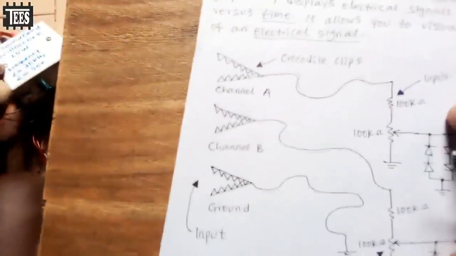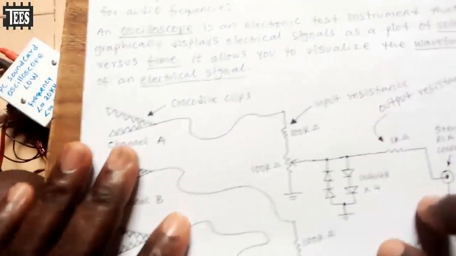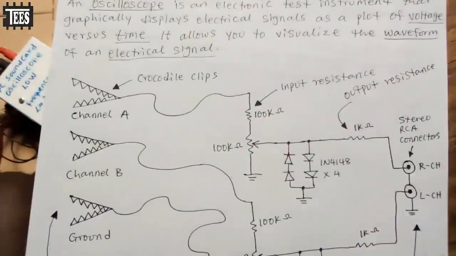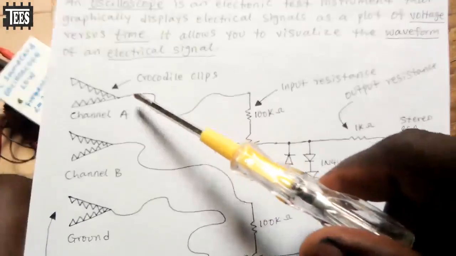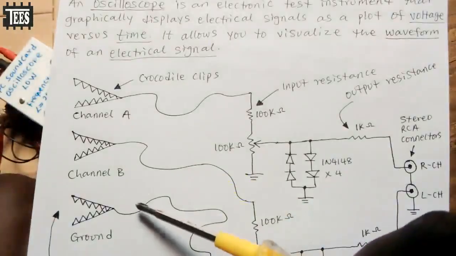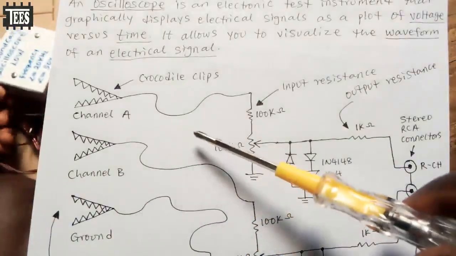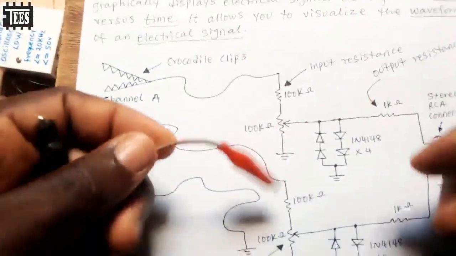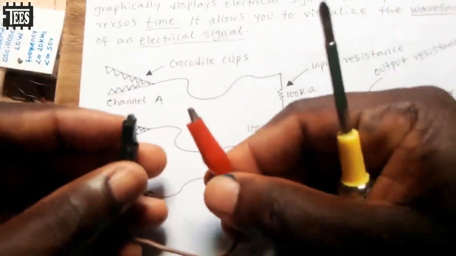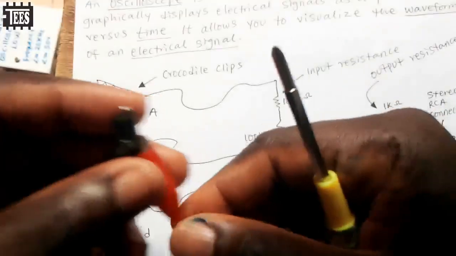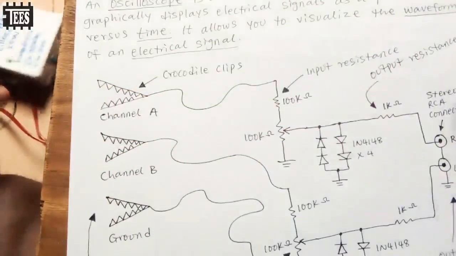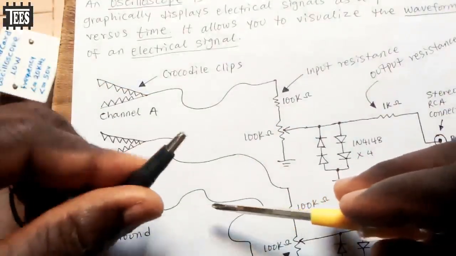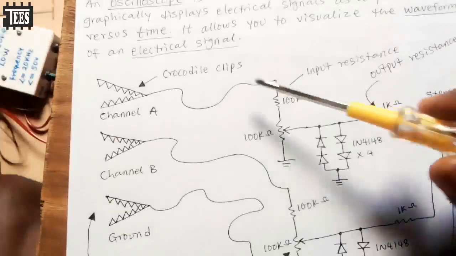So let's take a look at the circuit diagram. As you can see, these are the two channels, channel A and channel B input. Then this is ground.